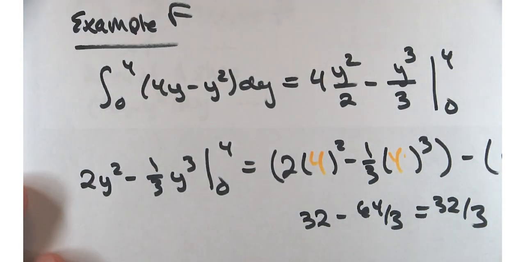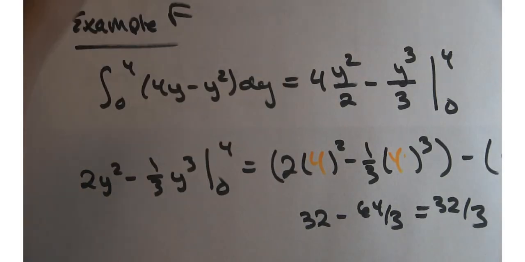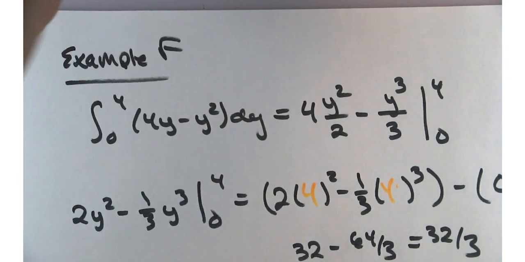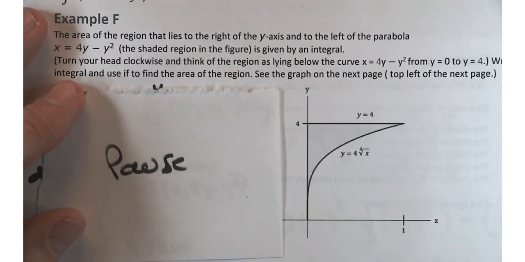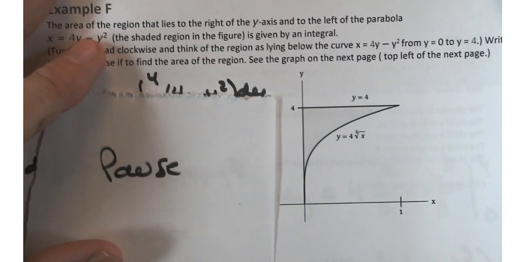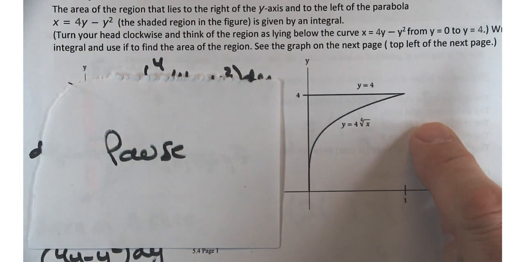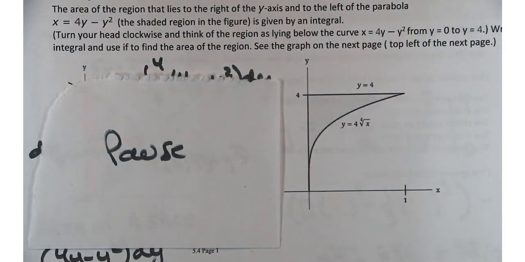Let's try example F. In fact, I'm going to let you try example F. So that's this one. And I believe that's y equals 4 times the 4th root of x.